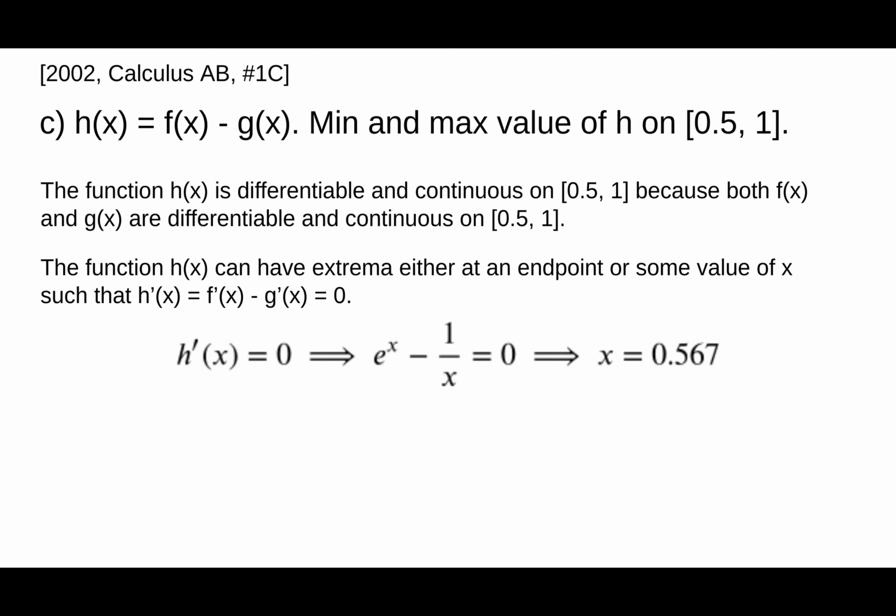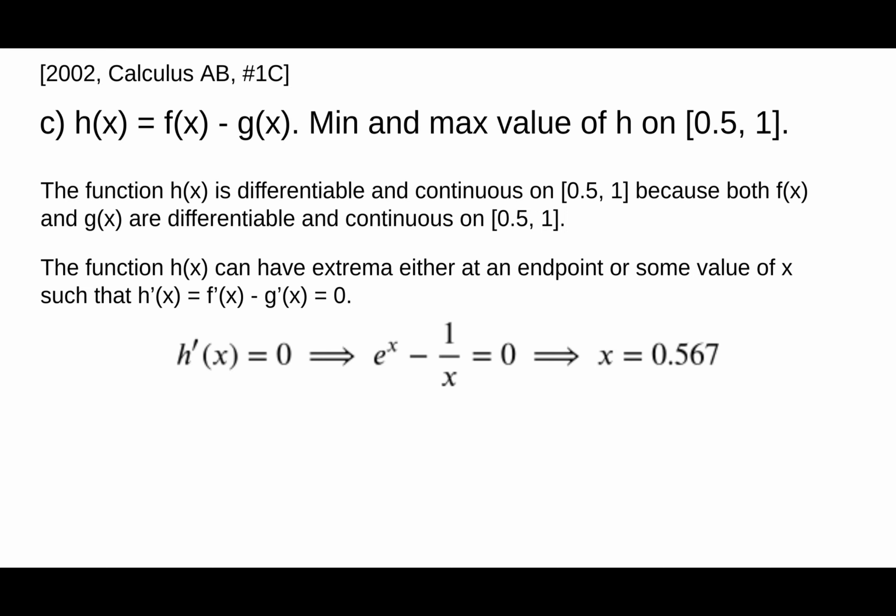I should be able to find out what h of x is at 1/2 and 1 pretty easily. Again, it's a calculator question, so we can use our calculator to determine those values. But if the minimum or maximum occurs at some point in the middle, I don't know where that is yet, so I have to find that.